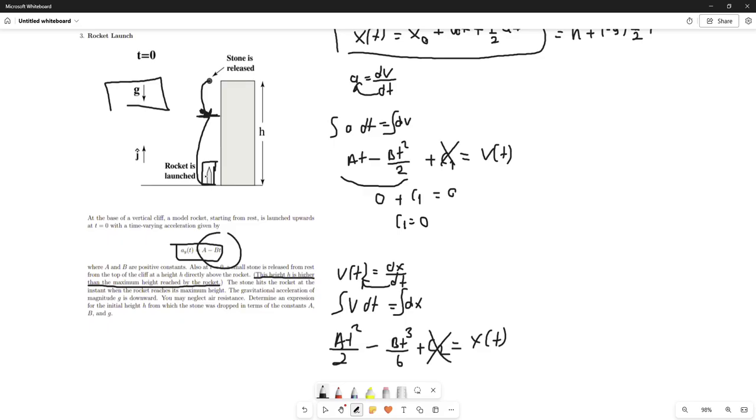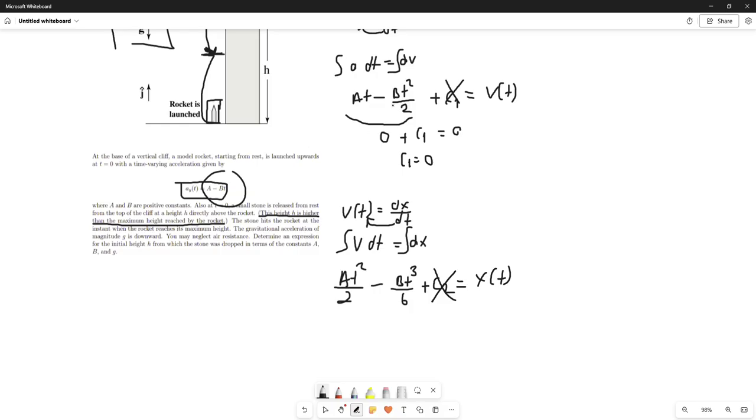So for a while its acceleration will be 0, right? And its velocity will be 0 too for a while. If we find the time when the velocity is 0, we can find the time when they hit each other.